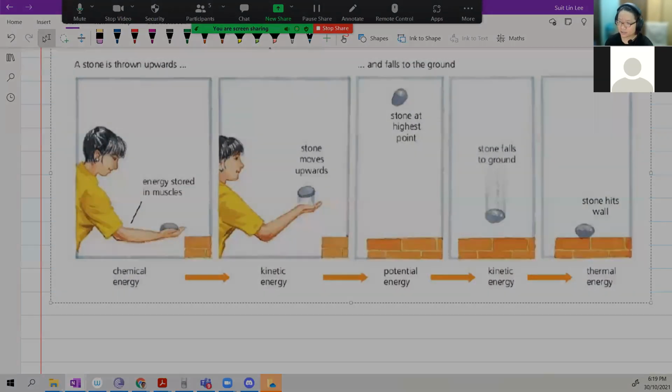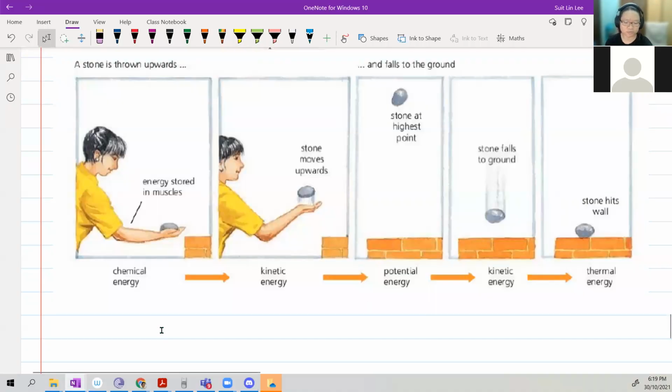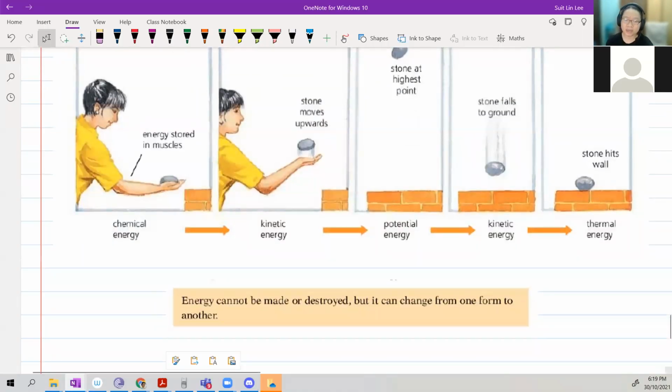So all of this follows the conservation of energy, where energy cannot be made or destroyed, but can change from one form like chemical energy to another. But every single time, the transfer is not perfect. Whenever I transfer, I lose a little energy. So there's always a loss in energy.